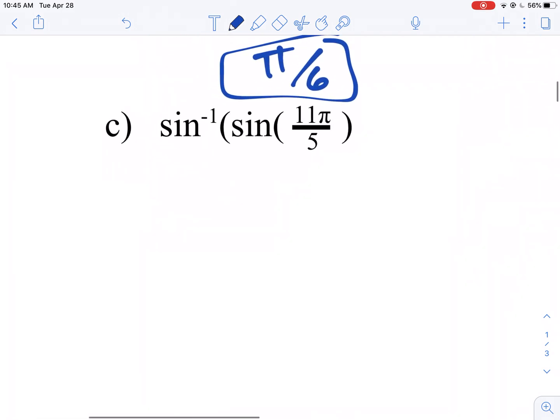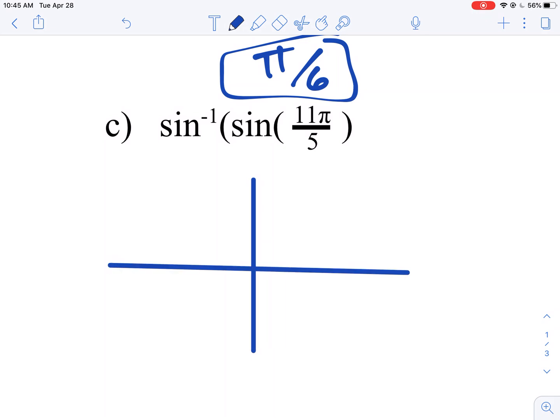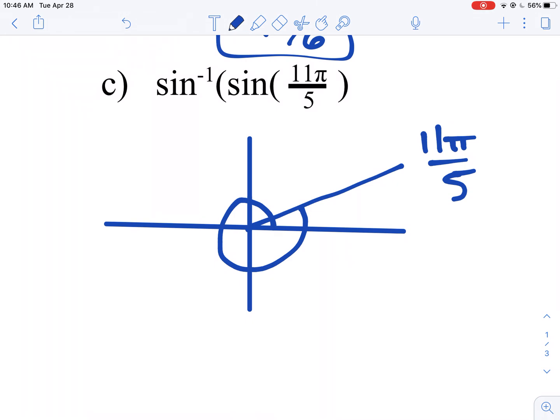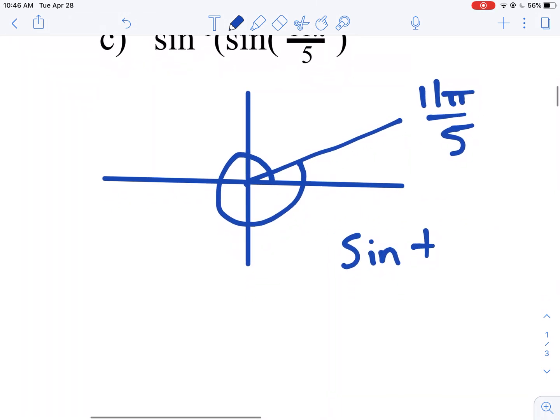This one, what is the inverse sine of the sine of 11 pi over 5? I'm going to go ahead and draw out what 11 pi over 5 is. 11 pi over 5 is just 1 pi over 5 past 2 pi. So it falls right here. This is a quadrant 1 angle, so that means my sine is positive. And it is just pi over 5 past that.